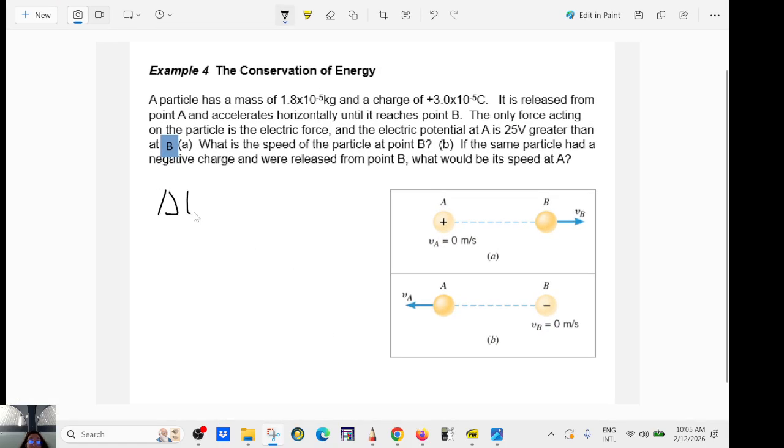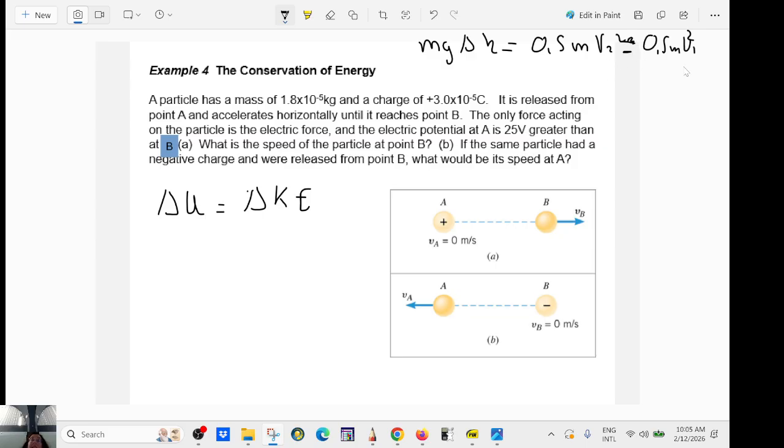So the change in potential energy equals the change in kinetic energy. So physics 1, it was mg delta h equals 0.5 mass v2 square minus 0.5 mv1 square.